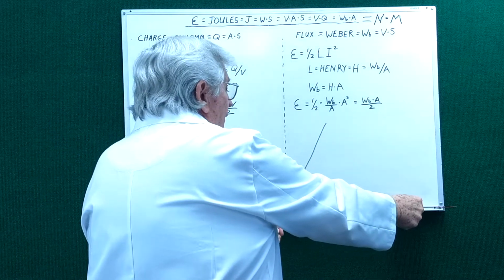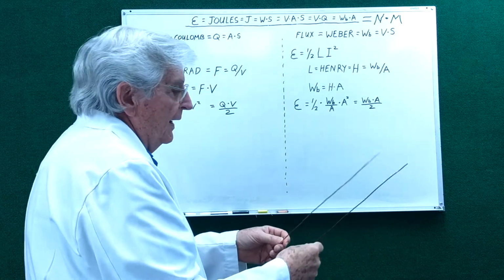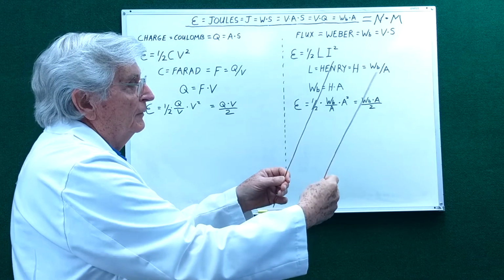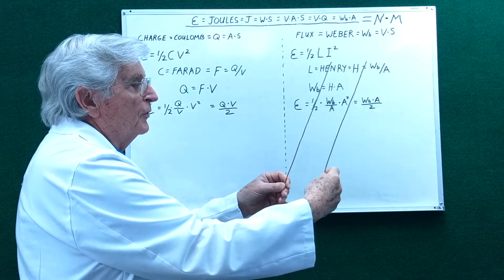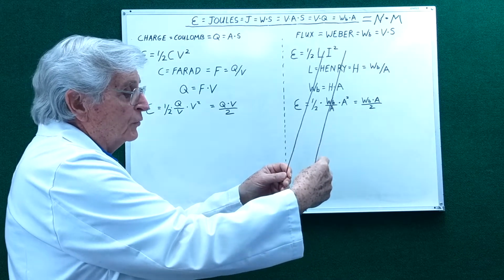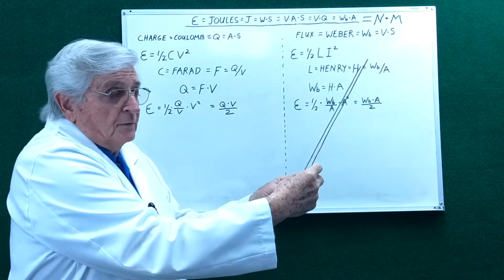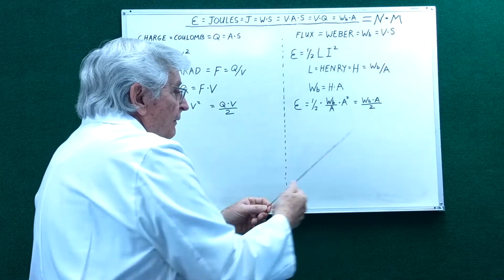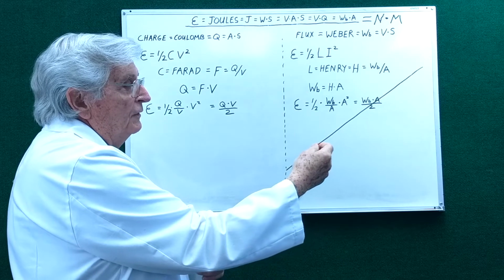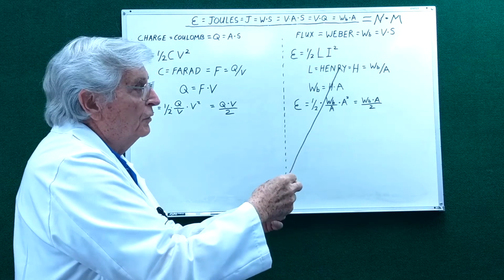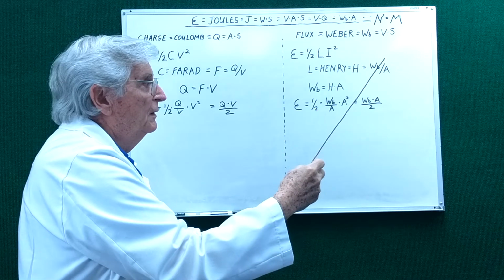Now we can also have capacitance between wires. These wires have a projected area and a distance, and there's air between them. That's basically a capacitor. So a straight wire has inductance and it has capacitance to other objects.